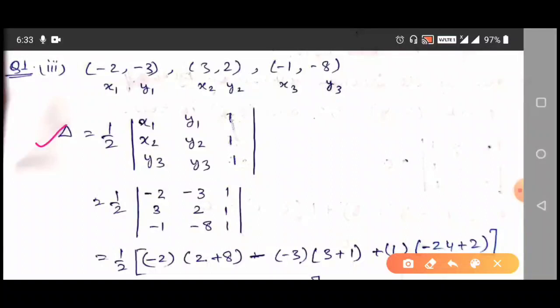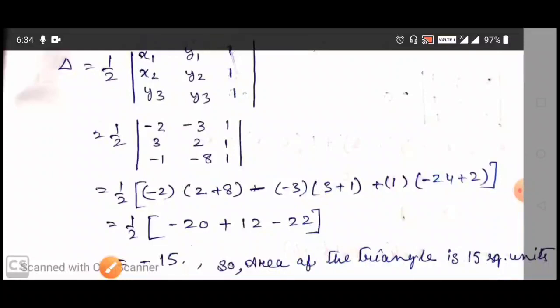We have used the formula of the area of the triangle. Now in place of x1, x2, x3 we have written the numbers, and y1, y2 and y3. In place of these 3 we have written these numbers. Now after doing the calculation, here we have done the calculation along row 1.